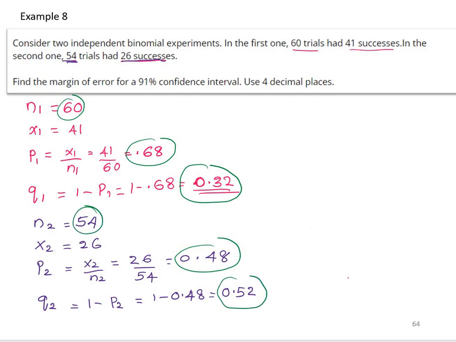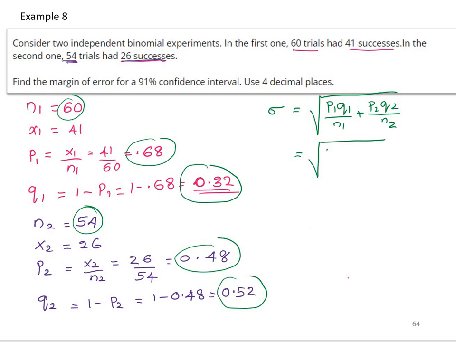Now we are going to find the sigma, the standard deviation of the difference of the proportions, which is given by the square root of P1 Q1 over N1 plus P2 Q2 over N2. Just substitute the values there.